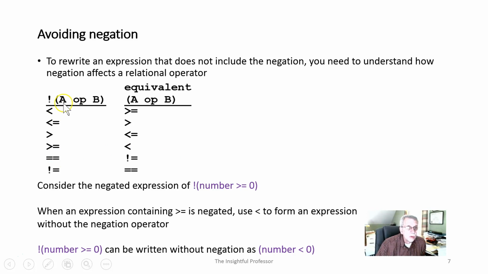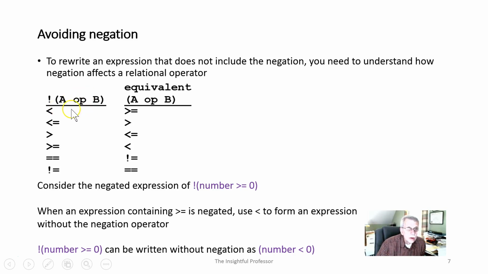If we have an expression such as a and then some kind of relational operator b, a greater than b, a equal b, and so forth, and we negate it, that negated expression effectively toggles the operator in some way.